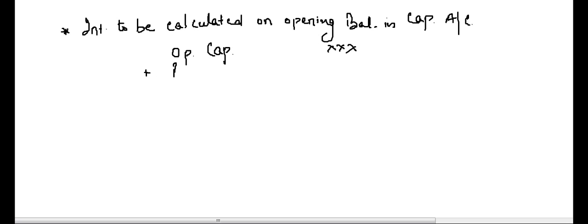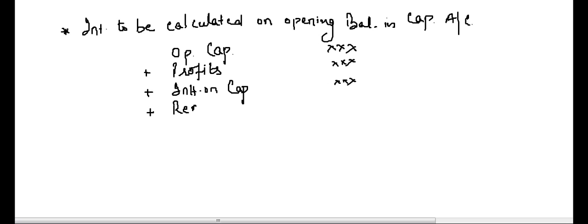What do we add to this opening capital? The profits. What else? Interest on capital. What else? Salary, commission, I'll say remuneration. Clear? Because all these are income for the partners.